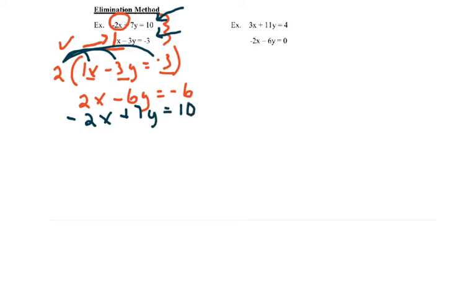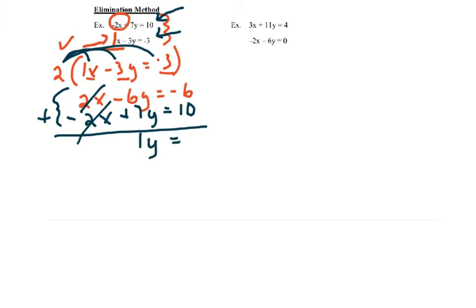And now, here's what elimination is. You can now take this entire system and say, hey, we want to add these two equations together because we can combine the like terms. And when you combine the 2x minus the 2x, they cancel out and become 0. Negative 6y plus 7y leaves you 1y.